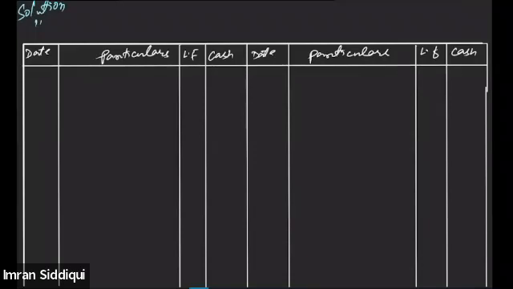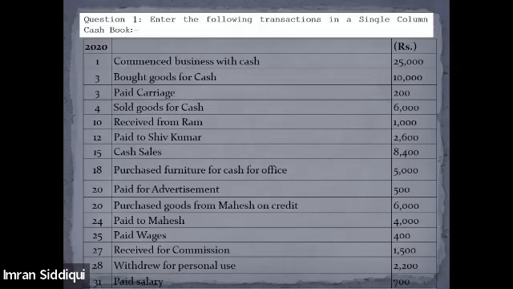Now, see the first item. The question says commenced business with cash of 25,000. If someone is commencing business with cash of 25,000, this is going to increase the overall availability of cash. Cash will increase because of this particular item.